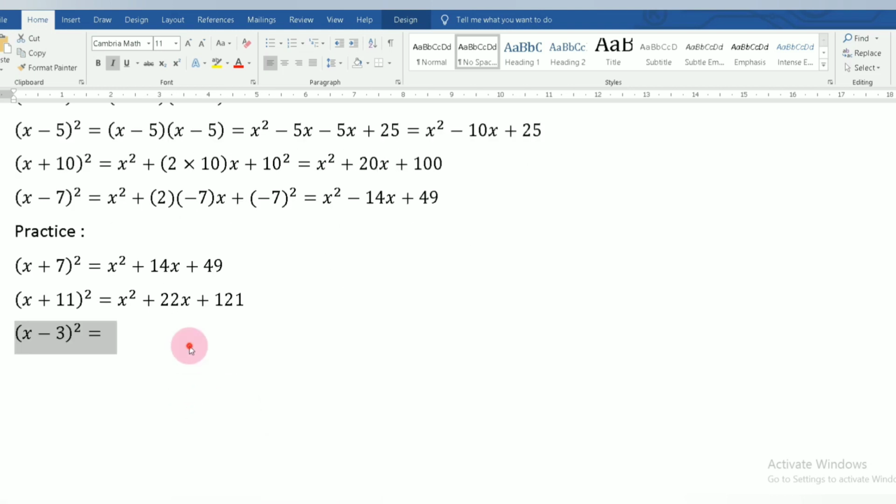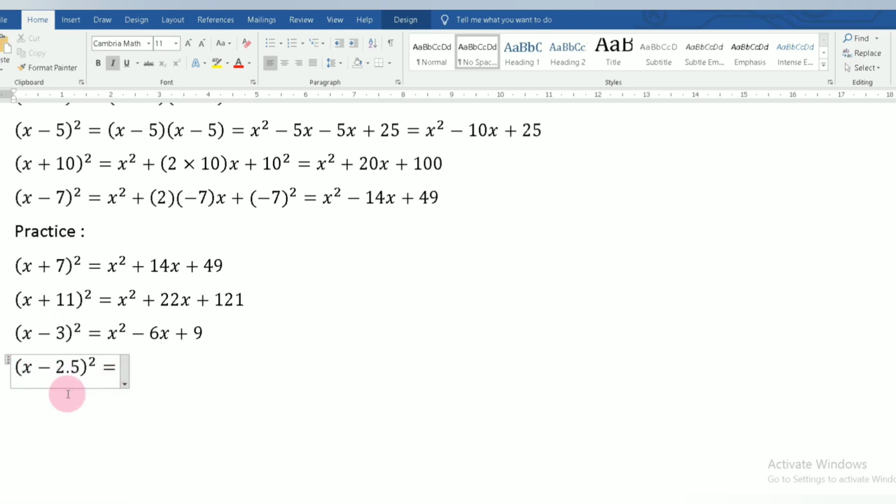For (x minus 3) squared, you have x squared, and keep in mind that since it's subtraction, the subtraction is only for the middle term. The last term is still positive 9, since negative 3 times negative 3 is positive 9.